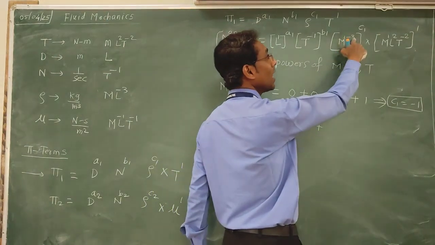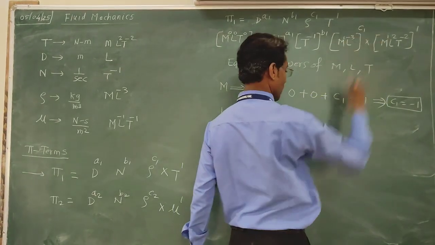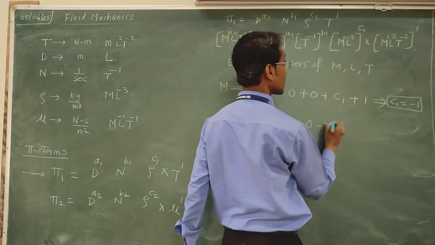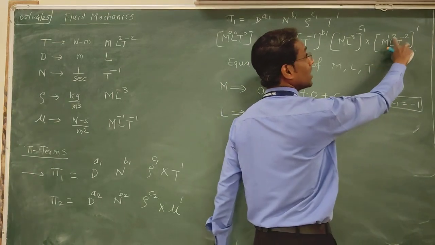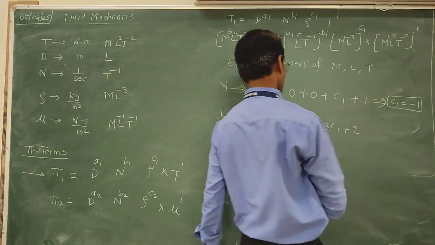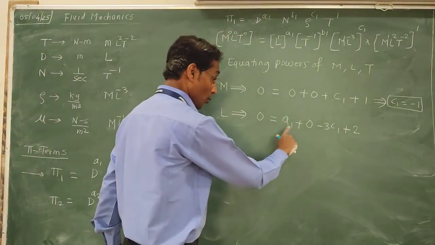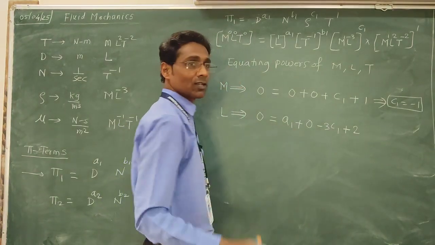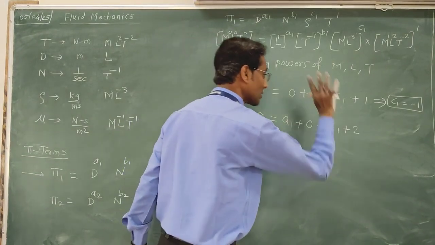Here the third has L raised to minus 3, minus 3 into C1 means minus 3 C1. Plus for L here a 2 is present, 2 into 1. Now we have two variables, so it is not possible to find the value now. Let this equation stay as it is.